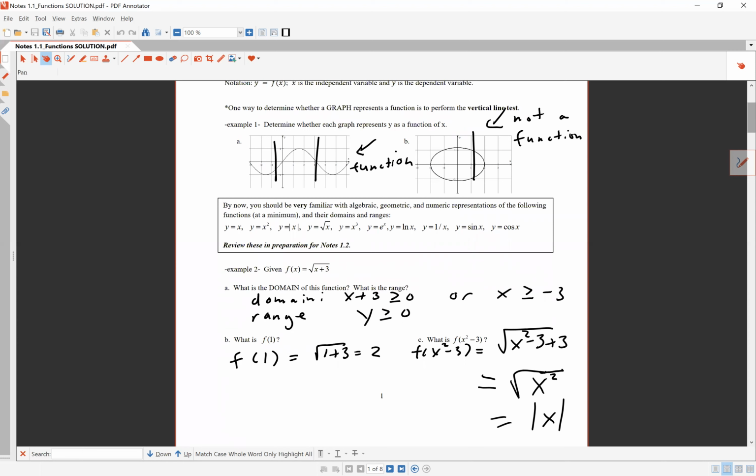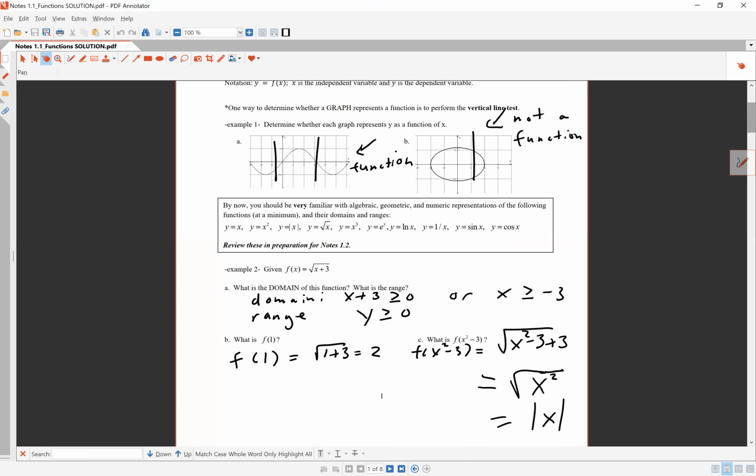Now f of 1: just substitute x equal to 1, and you get the square root of 1 plus 3, which is the square root of 4, which is 2. Now part c is function composition, which is an important concept. Wherever you see x, we replace it with x squared minus 3. So we take f of x squared minus 3, which is the square root of x squared minus 3 plus 3, and you simplify.